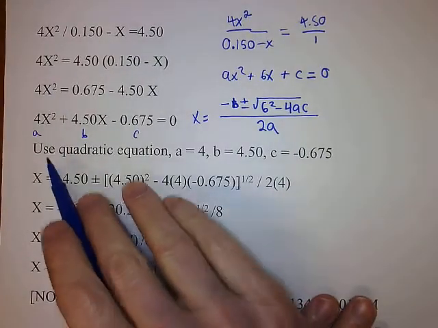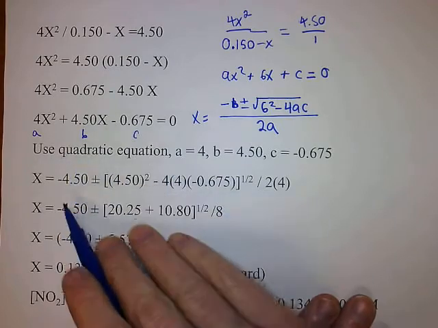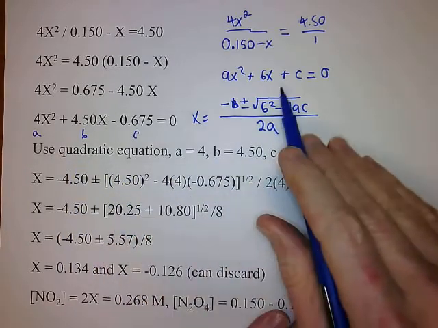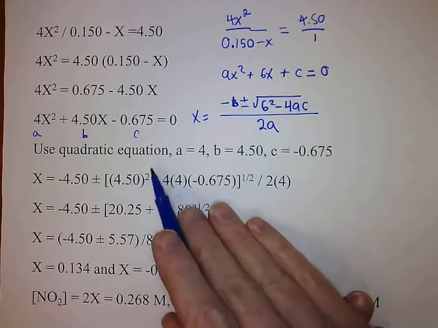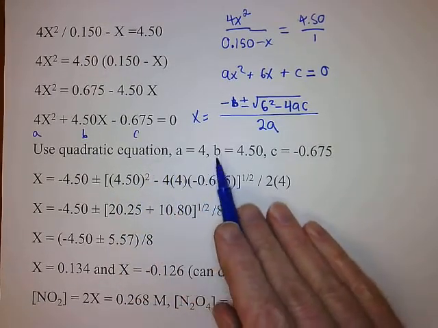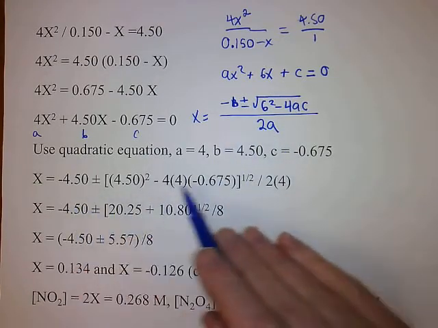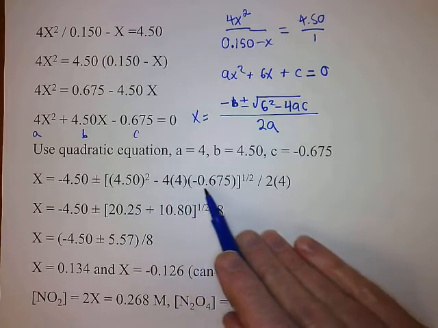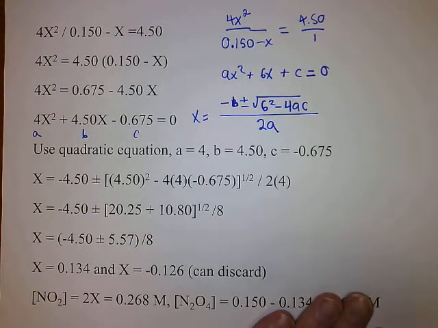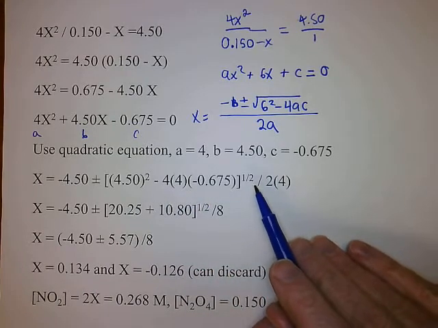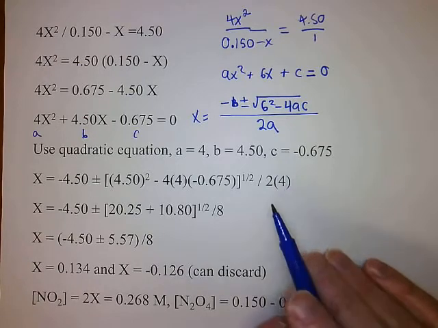So negative 4.50, that's negative b, plus or minus the square root of 4.50 squared minus 4ac. A is 4, c is negative 0.675. All of that, this whole thing, divided by 2 times 4, which is 8.